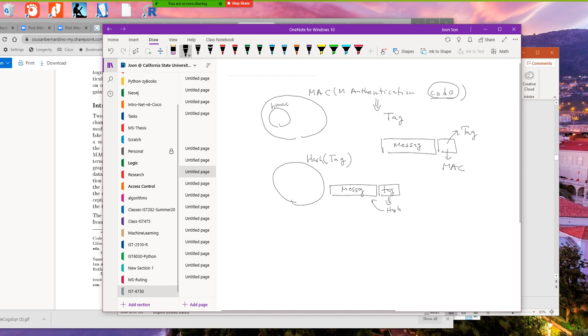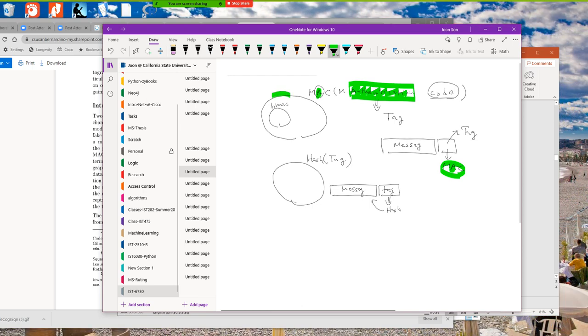However, the key word here is authentication. So MAC means authentication. Let's say this is a MAC, and a MAC is also a tag, just like the hash is also a tag.